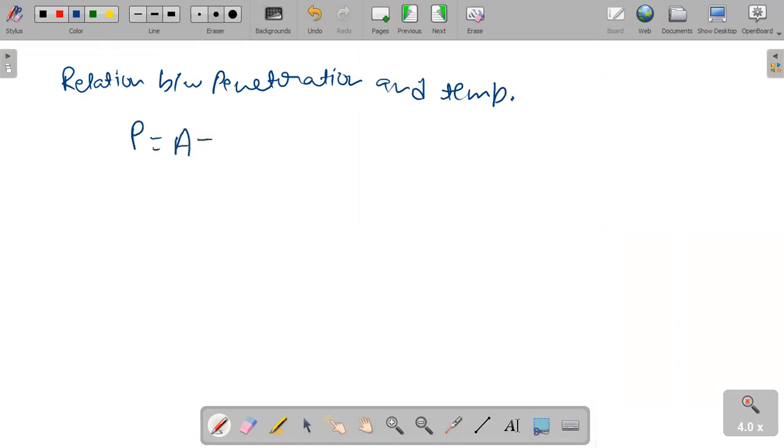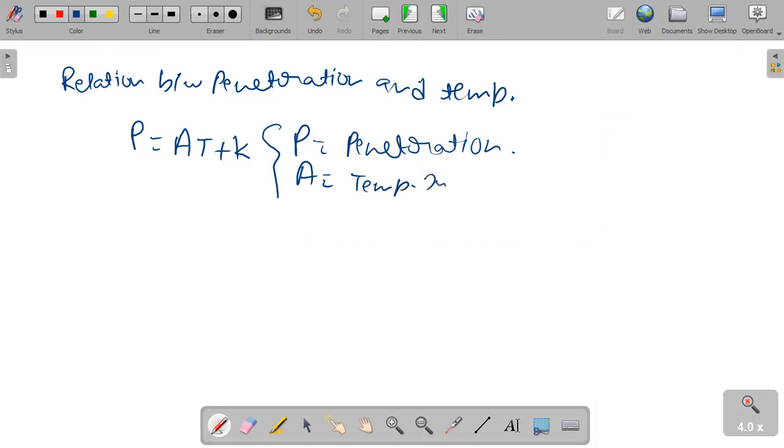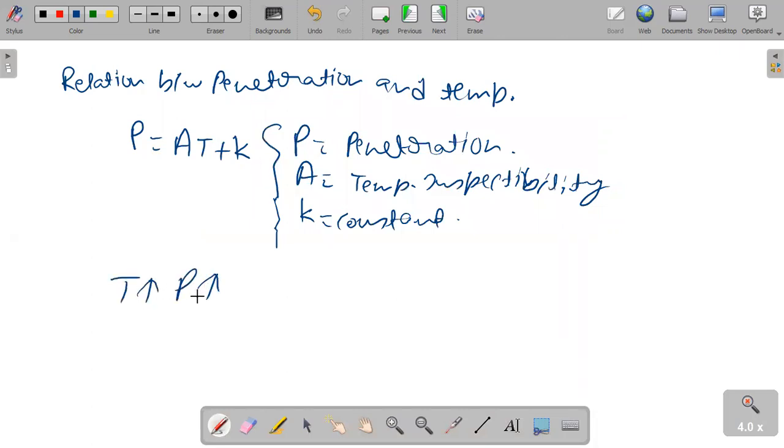P is equal to AT plus K. Here P is penetration, A is temperature susceptibility, and K is a constant. Remember one thing: with an increase in temperature, penetration increases. As temperature increases, penetration increases.